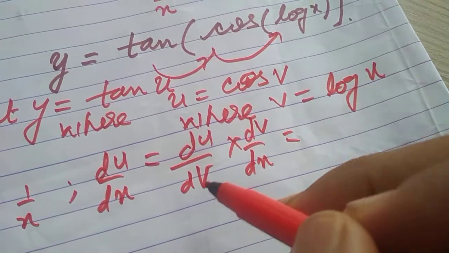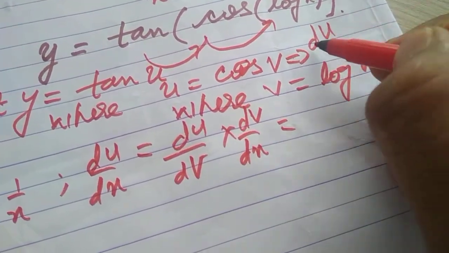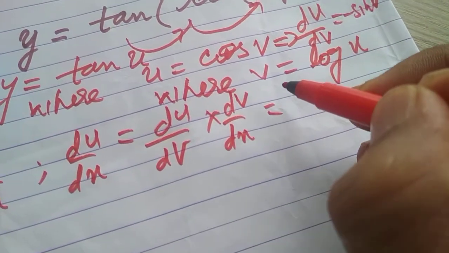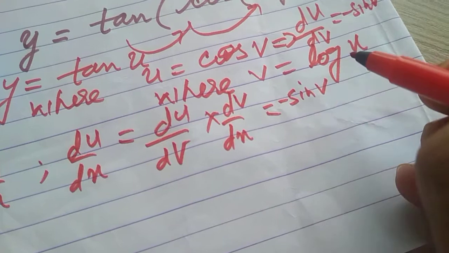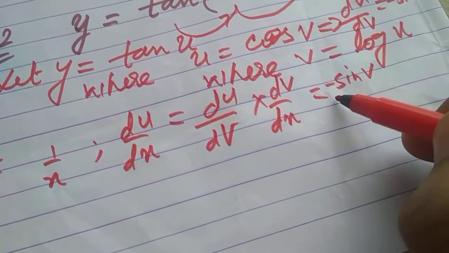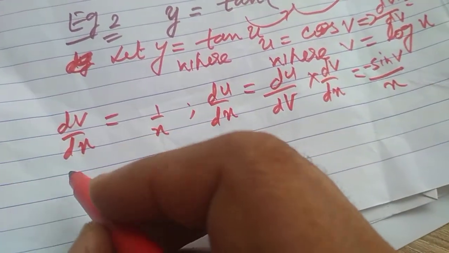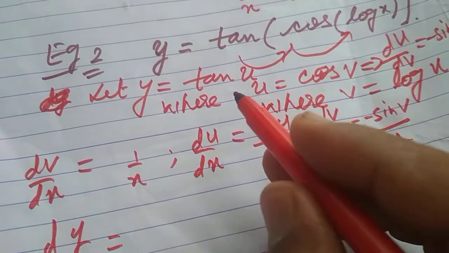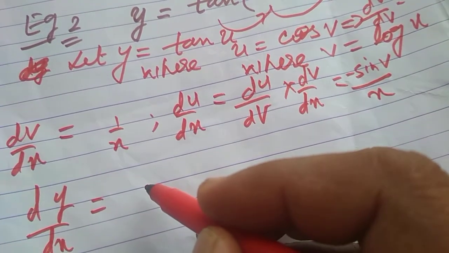So what is du by dv? Du by dv is equal to minus sine v. So I will write minus sine v. And what is dv by dx? It is 1 upon x. Just now we have seen. Now we have to write dy by dx. What is dy by dx?